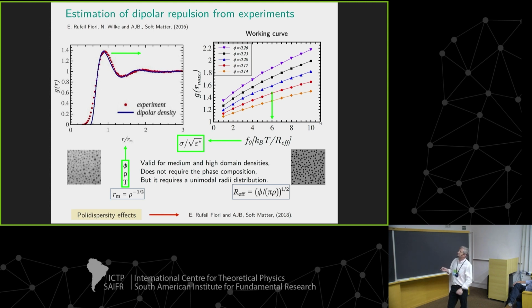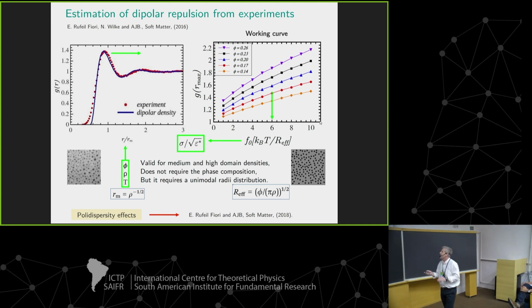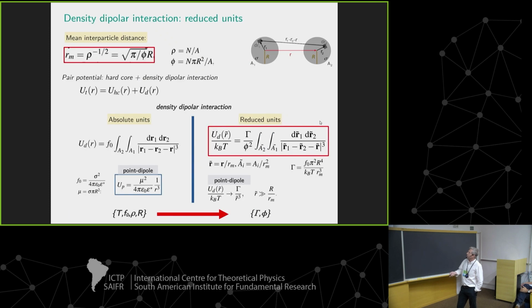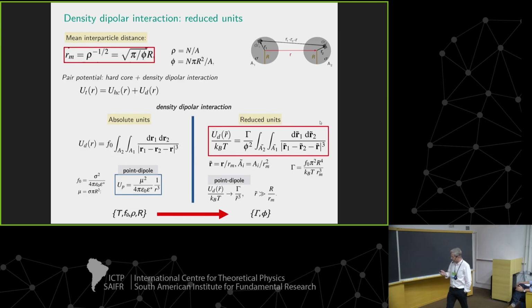So this is numerically involved. We wanted to do it with theory instead of simulations, with the integral equation theory. So we decided to see how this can be done numerically.